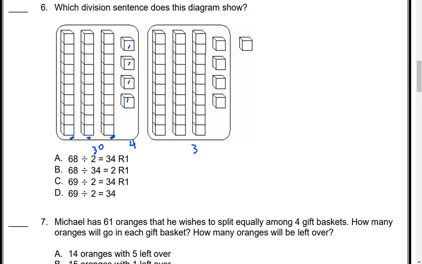And here it's the same, of course, 34, the same number. So this is 34 and this is 34. And we have remainder 1. You need to find the total. How many tens in all? 30 and 30, in all 60, and we have 4 and 4.